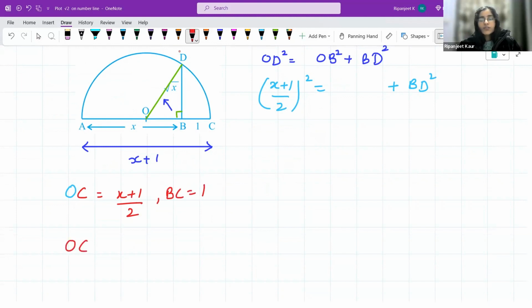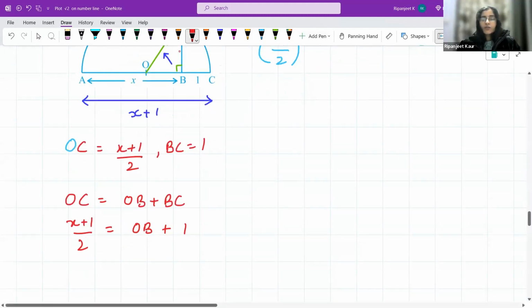So, can we say OC is equal to OB plus BC. OC is made from OB and BC, right? Okay. Now OC's value is x plus 1 by 2 equals OB's value, we don't know, plus BC's value is 1. So 1.